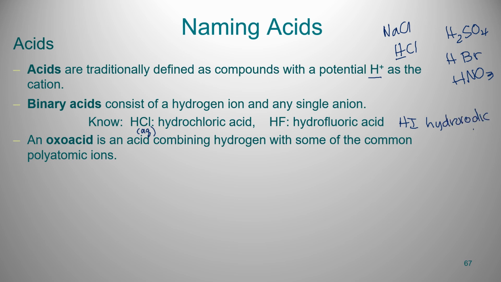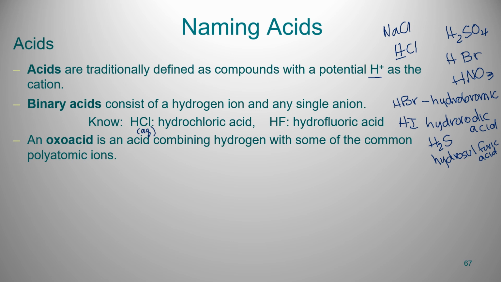And then HBr would be hydrobromic acid. H2S would be hydrosulfuric acid. Don't worry about the H2S. So I would basically know the HCl and the HF, maybe be familiar with these other two.